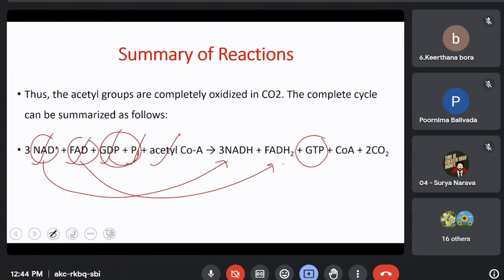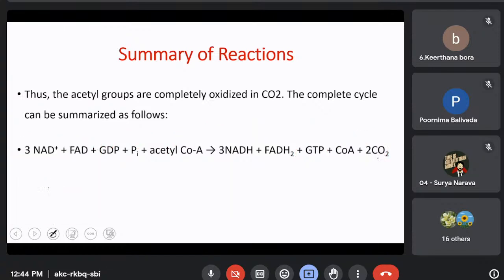And during this reaction, carbon dioxide is removed and coenzyme A is also removed. So all these are said to be recycled. The carbon dioxide is sent out through the lungs, respiration. GTP is converted into ATP, and coenzyme A that is produced here is recycled back. So the pyruvic acid is converted again to acetyl coenzyme A, so that the Krebs cycle goes on.